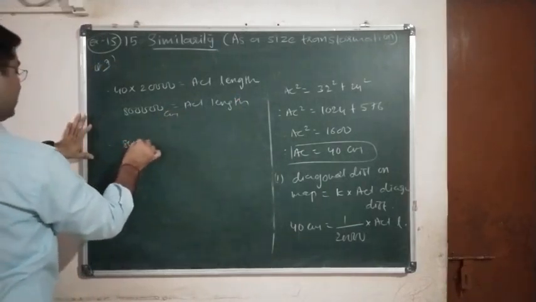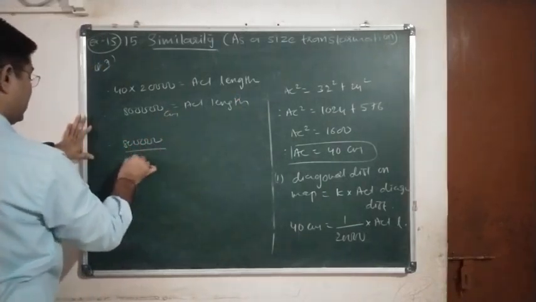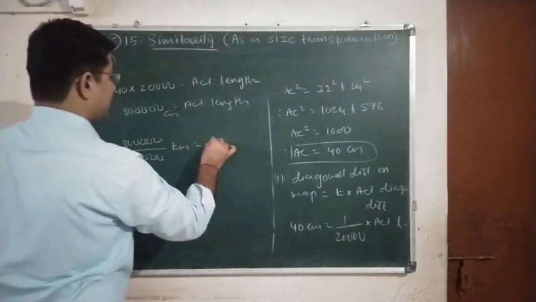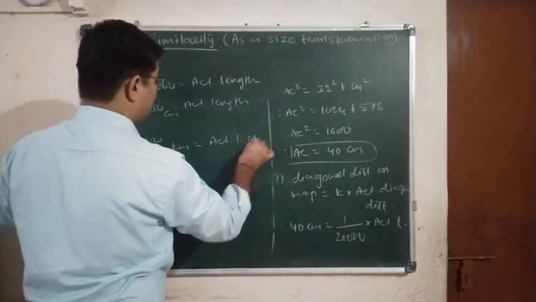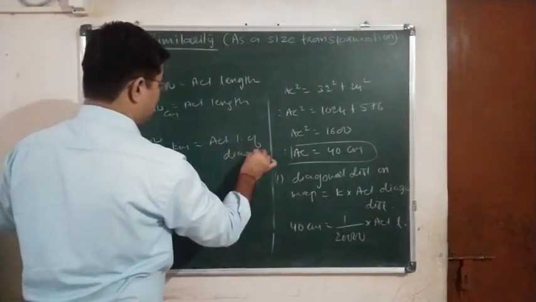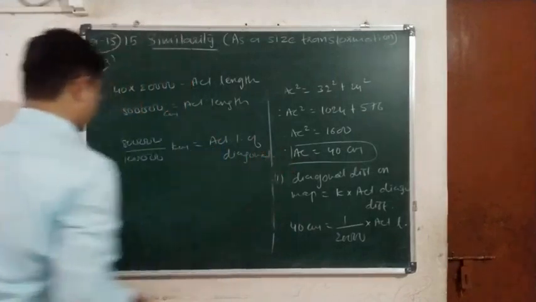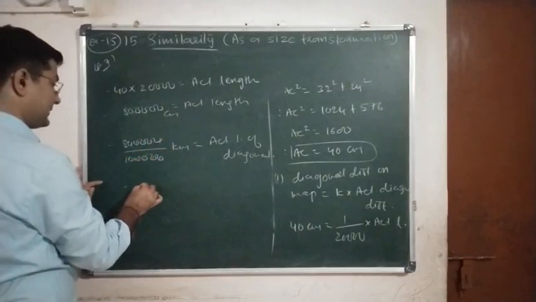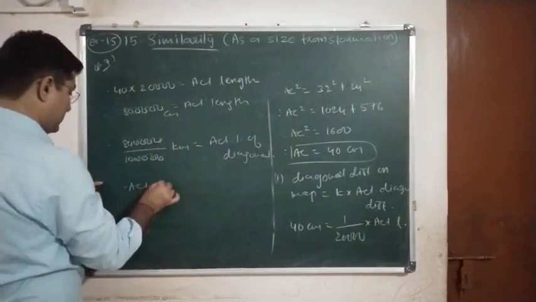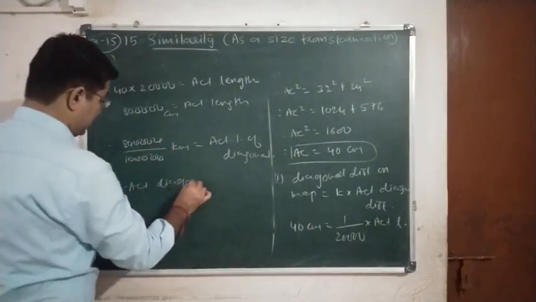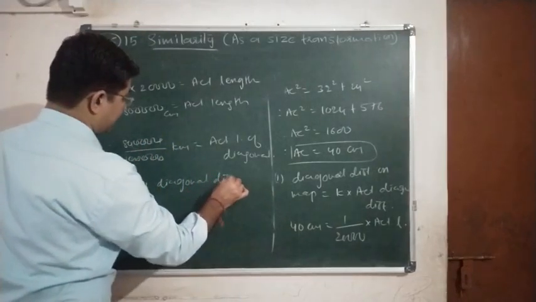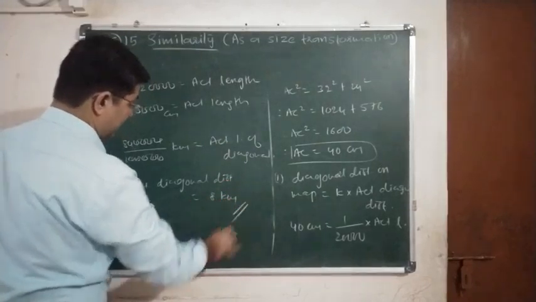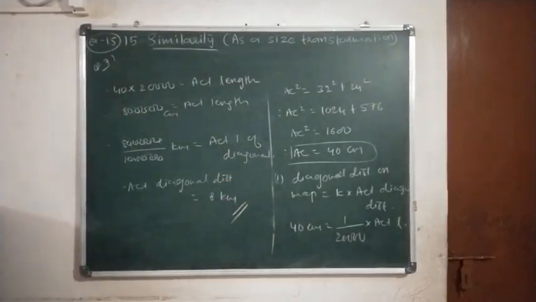So therefore 8 lakh upon 1 lakh kilometer is equal to actual length of diagonal, or diagonal distance. So obviously these zeros will get cancelled. We will get actual diagonal distance will be 8 kilometers. This is the first answer.